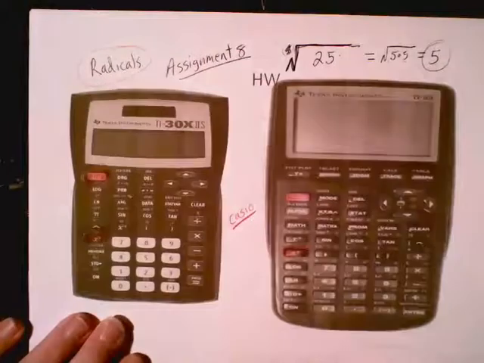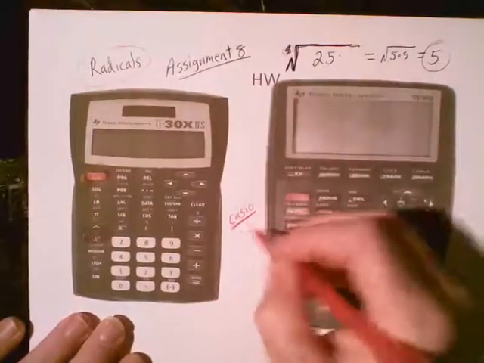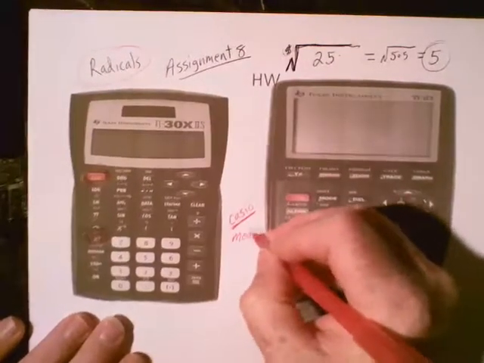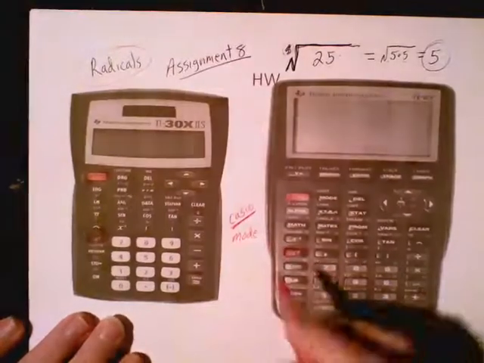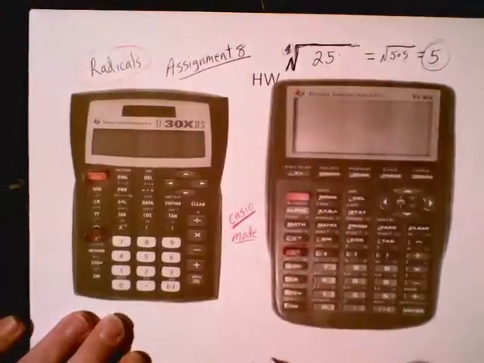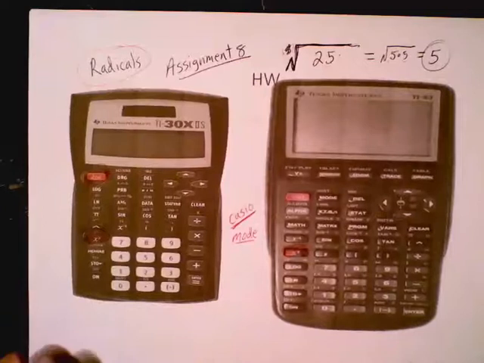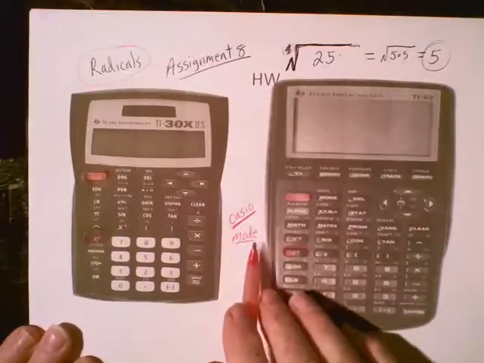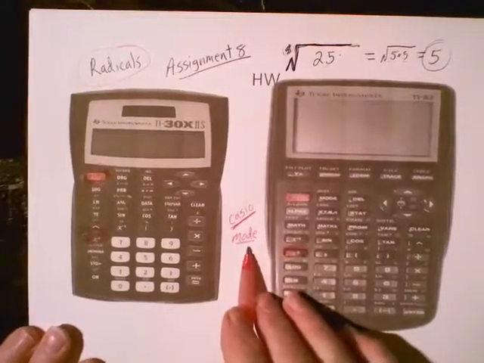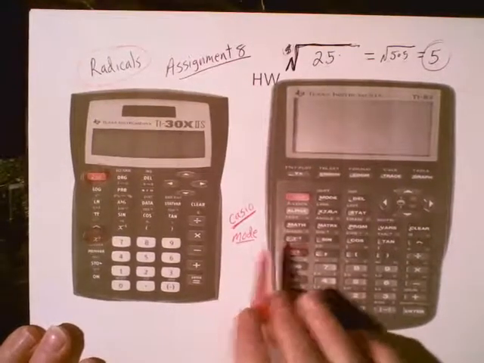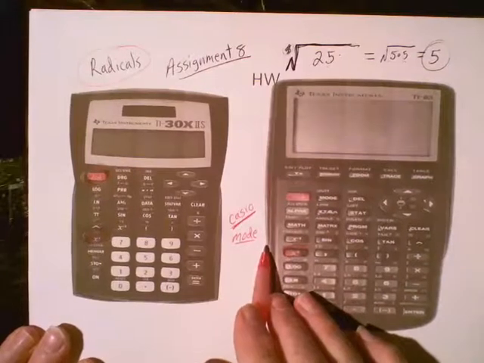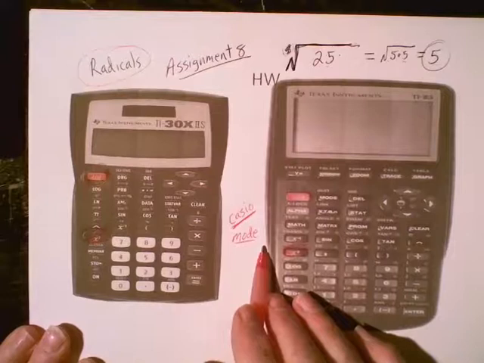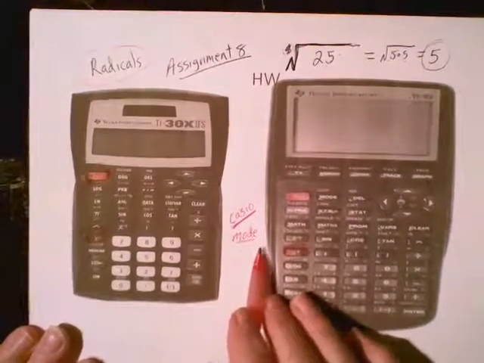And if you don't want it in radical form, if you just want decimal form on your Casio, you're going to have to go to the mode button and change it so it gives you just the decimal form. I think it might be called something like Math 1 or number.